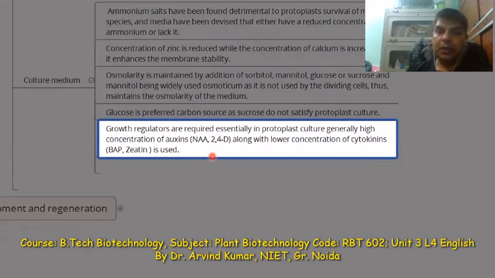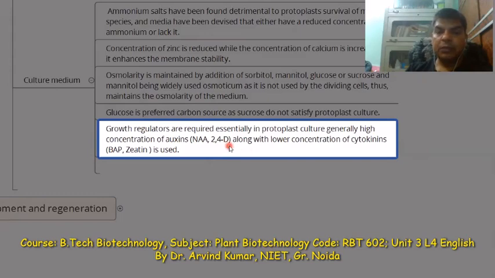Again, for the growth regulators used, we use certain auxins, cytokinins, and sometimes both in combination in order to proliferate the dividing cells and the protoplast cells so that we can find a callus produced from the protoplast cells. And later on, we vary the concentration of these PGRs in order to find some organogenic or somatic embryogenic response. So again, in a nutshell, you can say that we use a high concentration of auxins because initially we are expecting callus formation from the cells.